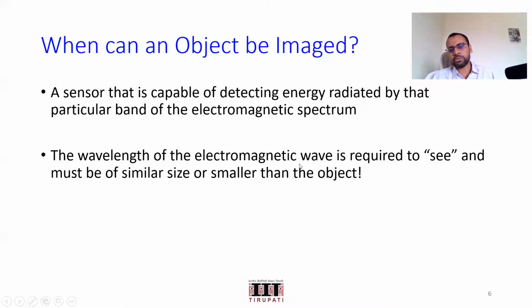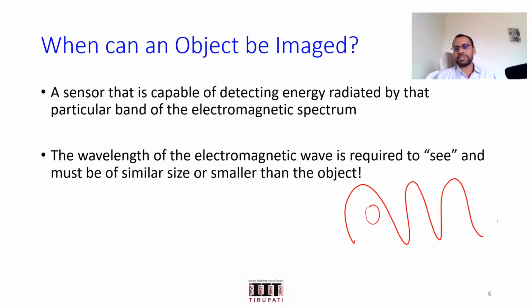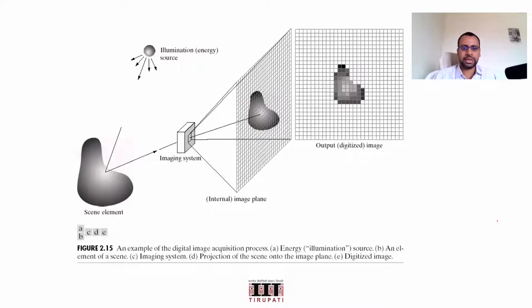The wavelength of the electromagnetic wave required to see must be of similar size or smaller. Unless the object size is such that it intercepts your wave, you won't be able to see it, right?